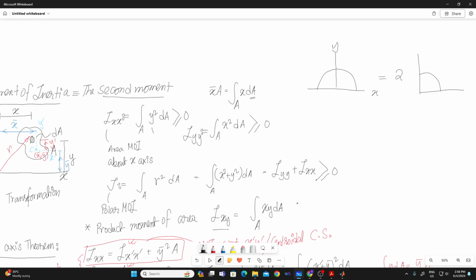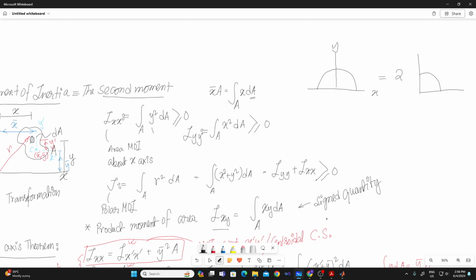Whereas this quantity is a signed quantity. It means it can be greater than 0, it can be less than 0, or it can even be 0.